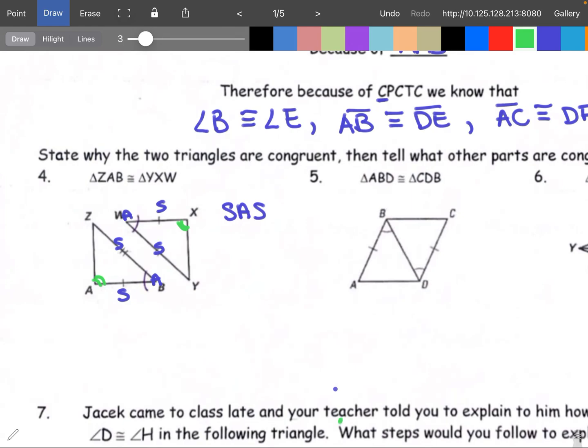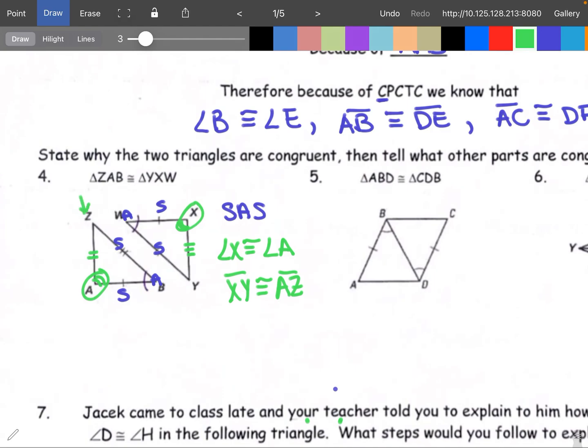So I'm going to say that angle X is congruent to angle, it would have to be AZ, because they correspond. A is the double-sided angle, X is the double-sided angle, and then that would just leave us with the other vertex there.